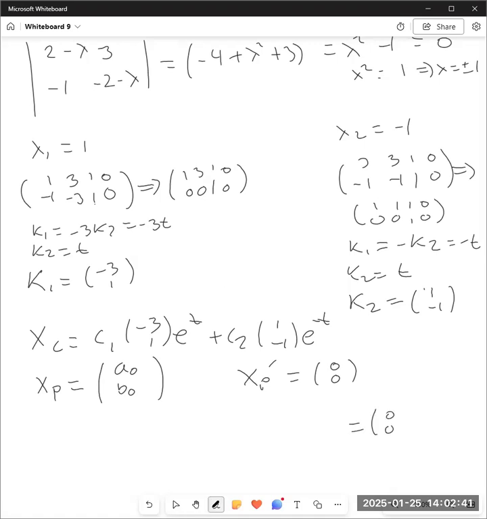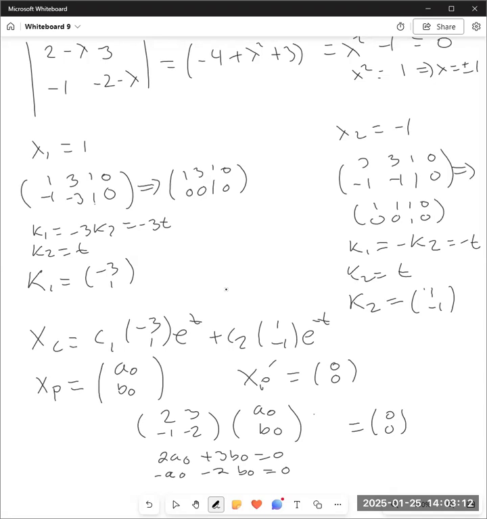I set up my equation here, swapping sides where xp prime is on the right, and then I have my coefficient matrix times my xp matrix. That gives me 2a naught plus 3b naught equals 0, and negative a naught minus 2b naught is equal to 0 as well.